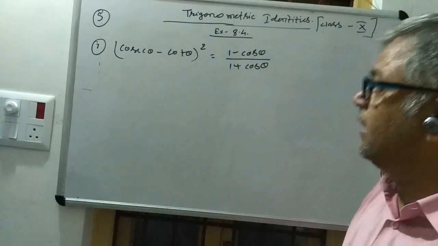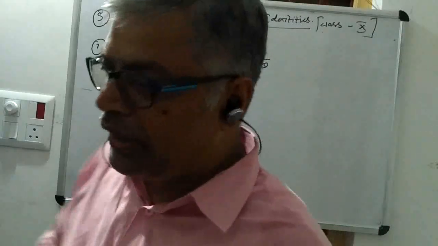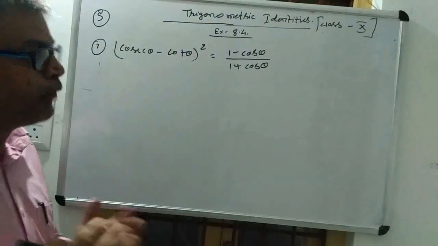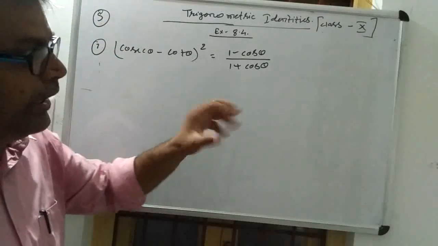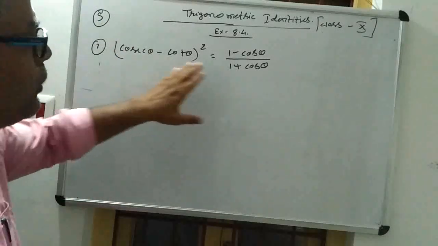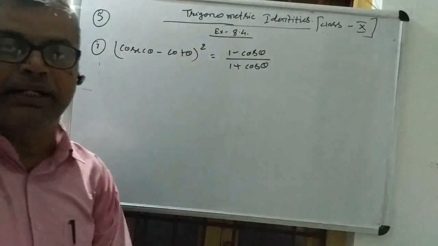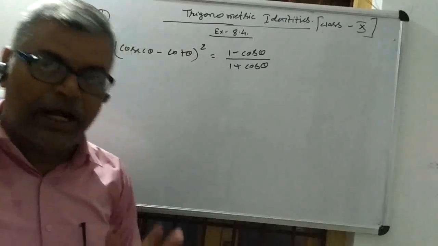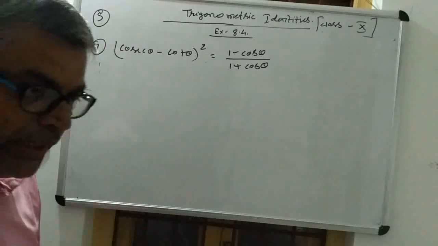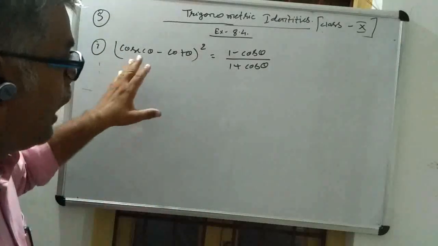But for our convenience, we take the side where the terms are more, and we bring it to the side with fewer terms. But in this case, both sides have the same number of terms: 2 terms here, 2 terms here. So in practice, we take the LHS and solve it, and we reach the RHS.